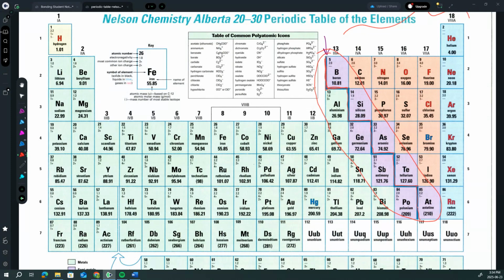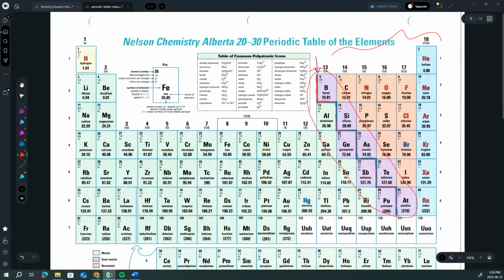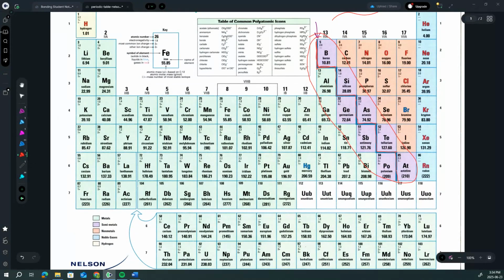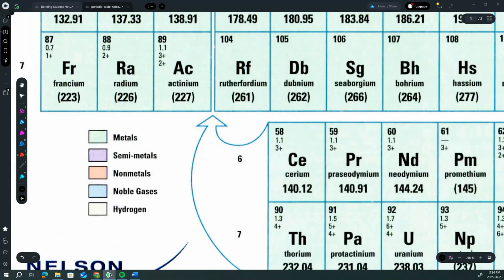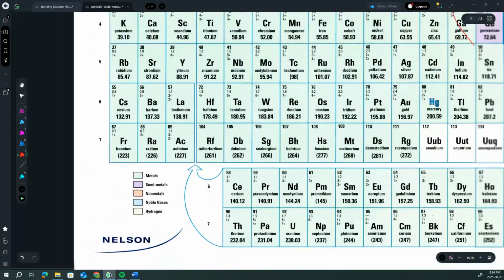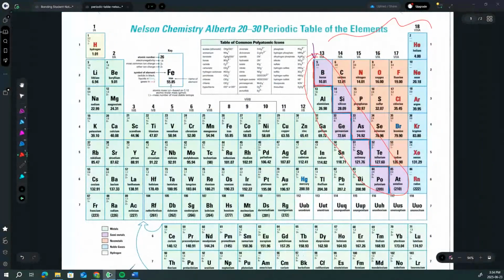These elements, in this case, are colored purple here. They are called our metalloids, or as this periodic table refers to them, semi-metals. And again, that just means that they have properties of both metals and nonmetals. We call them either metalloids or semi-metals.